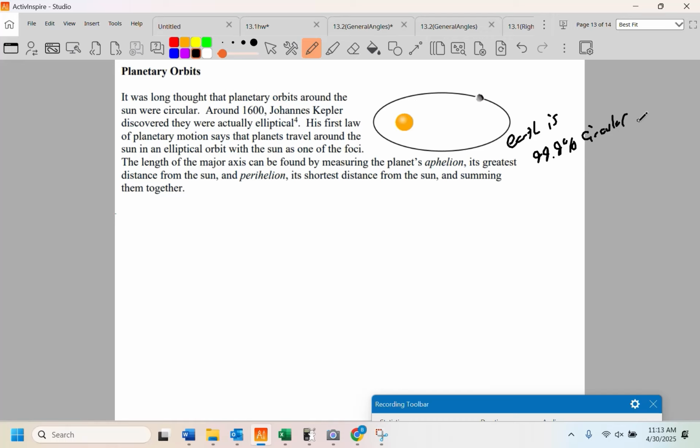The length of the major axis can be found by measuring the planet's aphelion, its greatest distance from the sun. So the aphelion here is going to be the radius of the major axis, and the perihelion is the minor axis radius. All right.